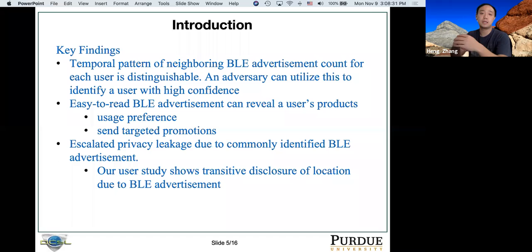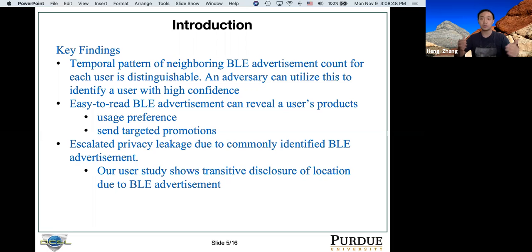A second finding is that the BLE advertisement is easy to read and can actually reveal a user's products, and this leakage can lead to some inference of the usage preference of the user, and they could even send some targeted promotions.